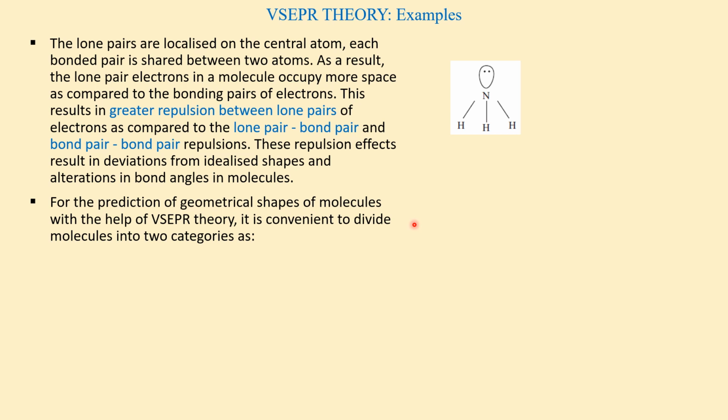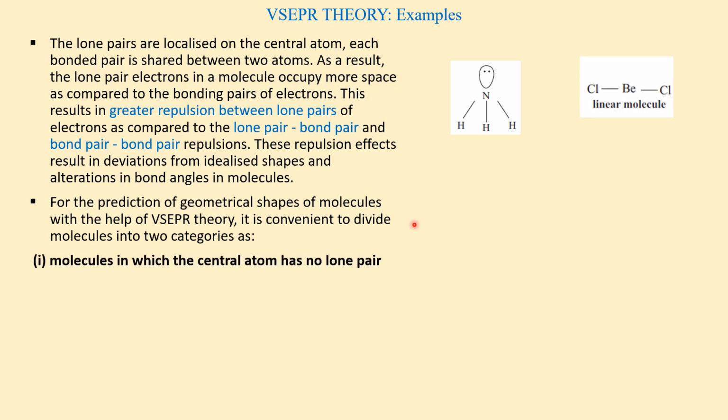For the prediction of geometrical shapes of molecules with the help of VSEPR theory, it is convenient to divide molecules into two categories. One is molecules in which the central atom has no lone pair. As shown in the figure here, Be is the central atom and Cl and Cl are the surrounding atoms.